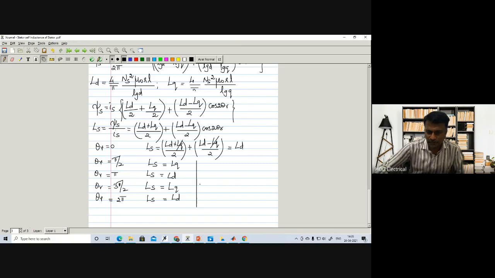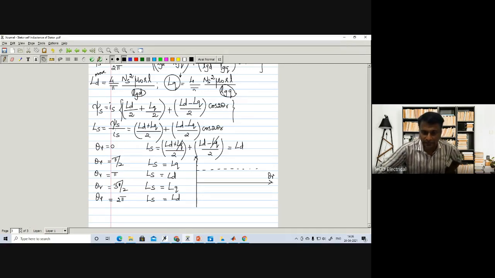So if you draw this curve now, already we know LD corresponds to a small air gap, therefore LD magnitude will be more. Similarly, LGQ is a higher, larger air gap, therefore, as the denominator is more, LQ will be less. So we can now see the variation of this inductance with respect to theta r.